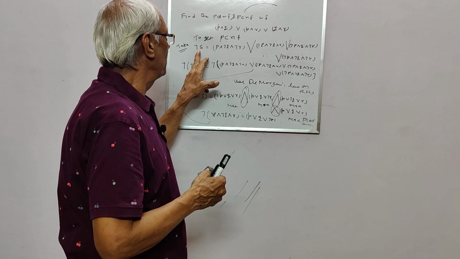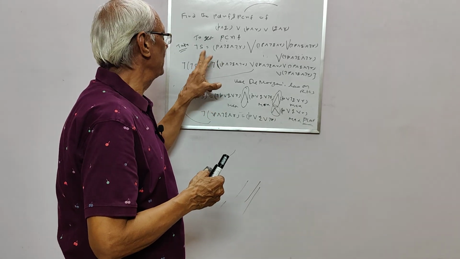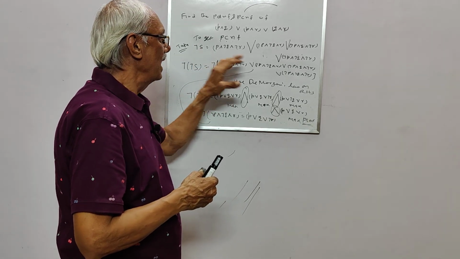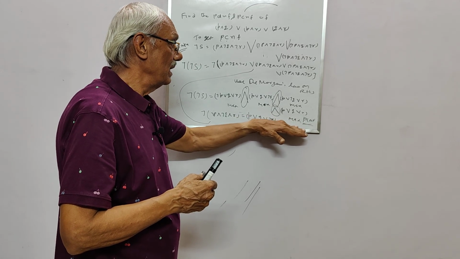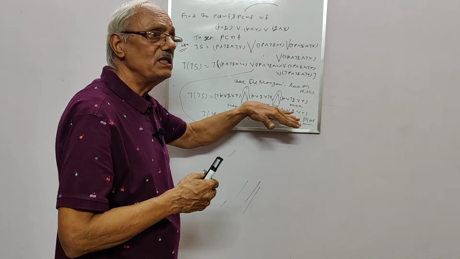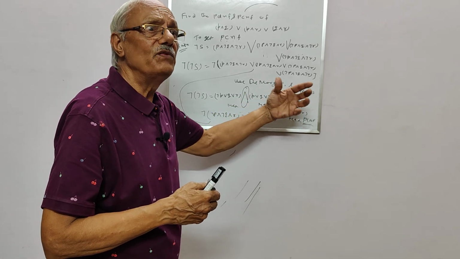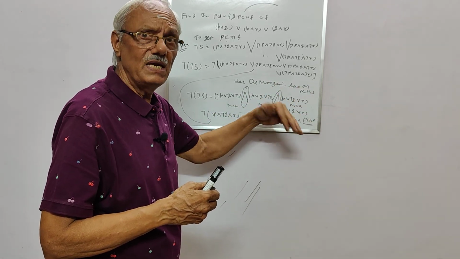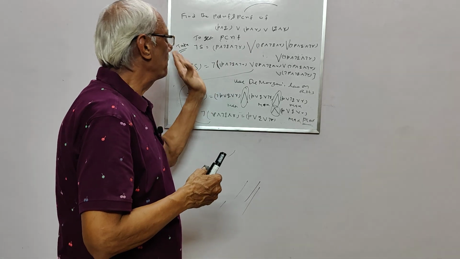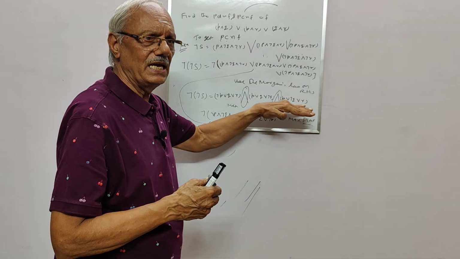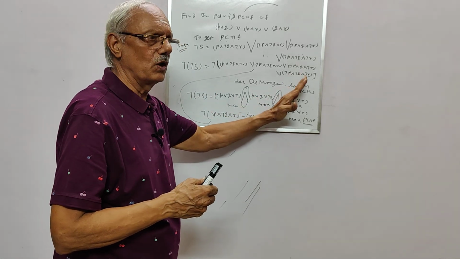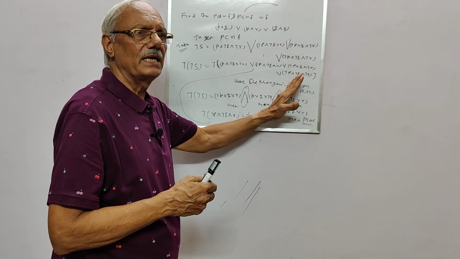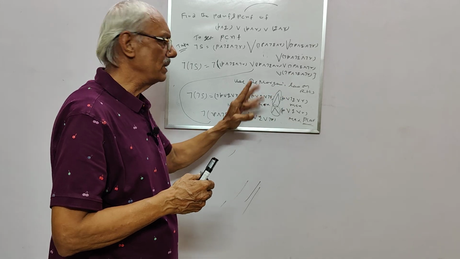After that, call that your formula S, apply negation of S, and write the disjunctive normal form with the missing terms. Then apply this negation of S again. When you apply negation of S again, use De Morgan's law. Take this negation inside, apply De Morgan's law, and you will get the answer.